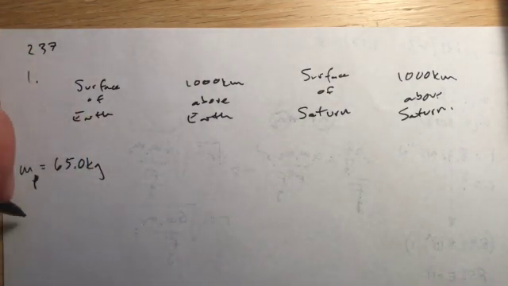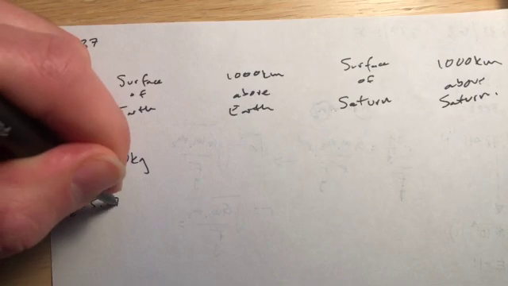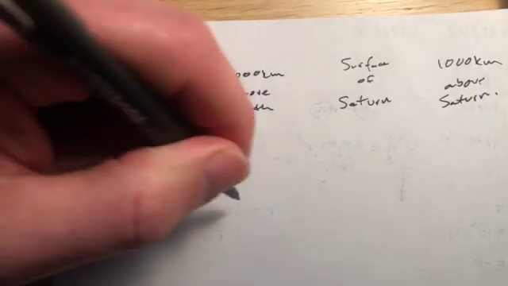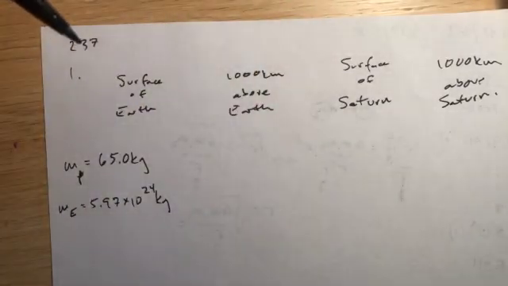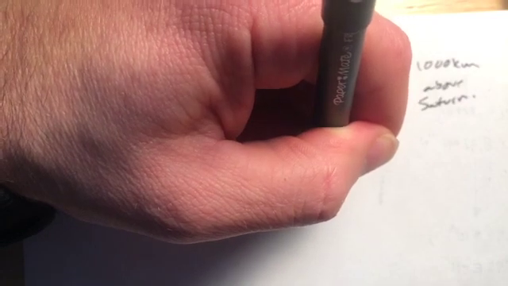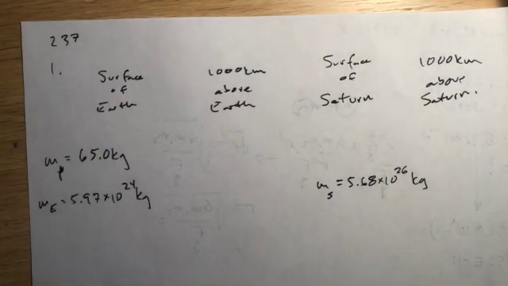All right, mass of the Earth is 5.97 times 10 to the 24th kilograms. That's true here as well. Mass of Saturn is 5.68 times 10 to the 26th. Again, 100 times more massive than Earth.